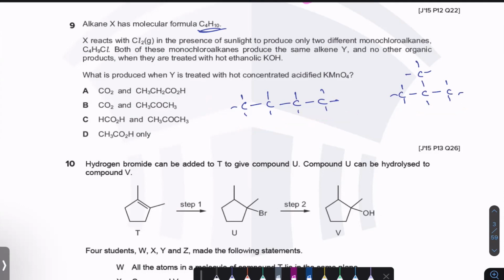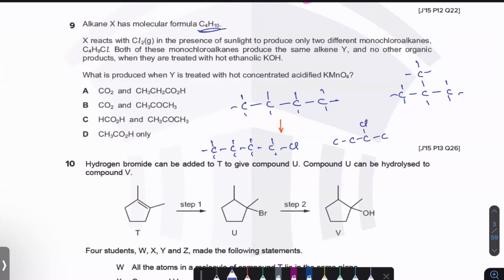X reacts with chlorine to produce only two different monochloroalkanes. Okay, let's see. When this reacts with chlorine, it can produce chlorine on the first carbon, or it can produce chlorine on the second carbon.